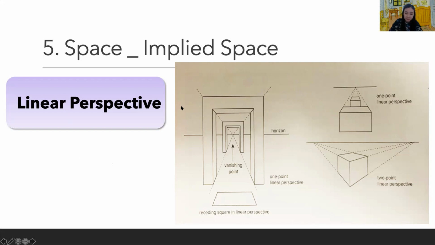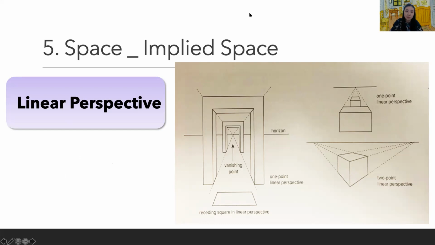An artist like a sculptor or an architect draws a picture plan with implied space before they create the actual piece of art. We can make implied space with the linear perspective technique on the two-dimensional surface.